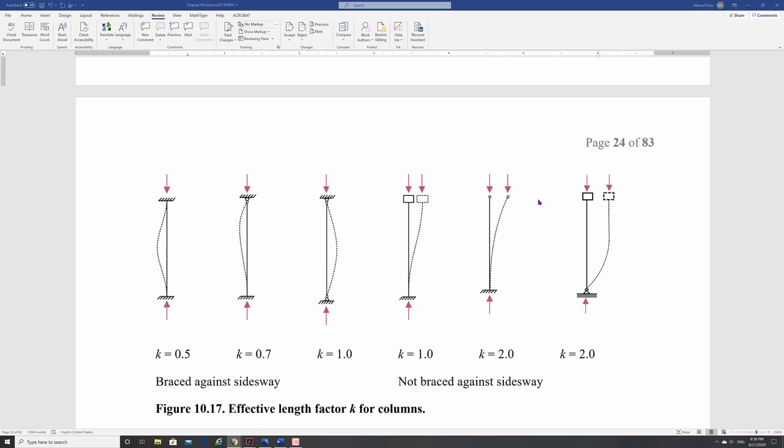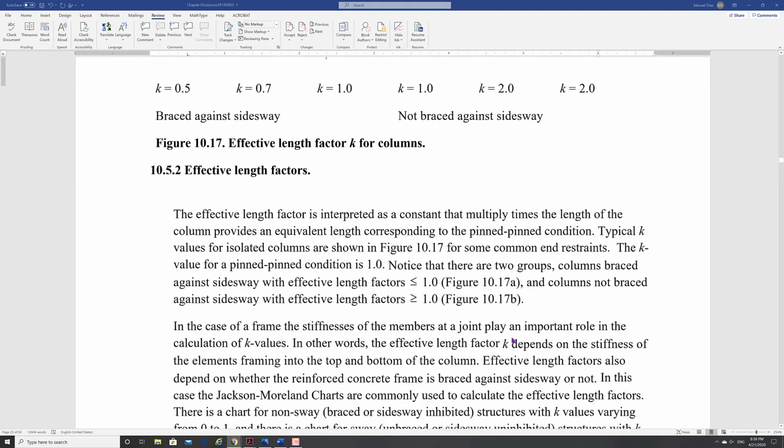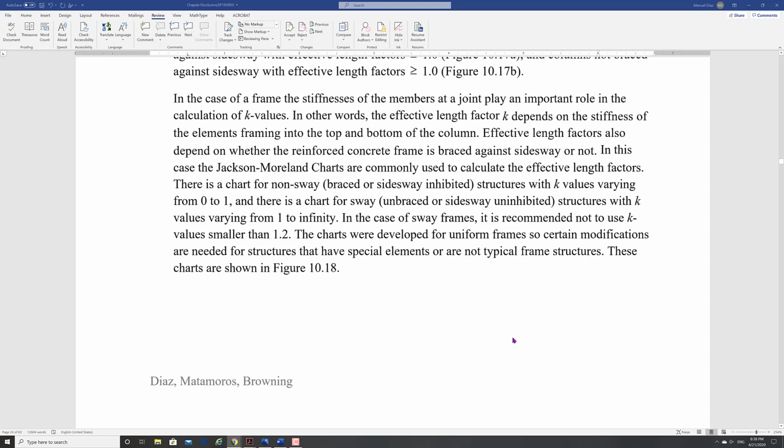For cases where you have displacement, K values are greater than 1. So that you need to remember. That's conceptual. And of course, that means that you have to know again if your structure is braced or unbraced, because that will change your K values.